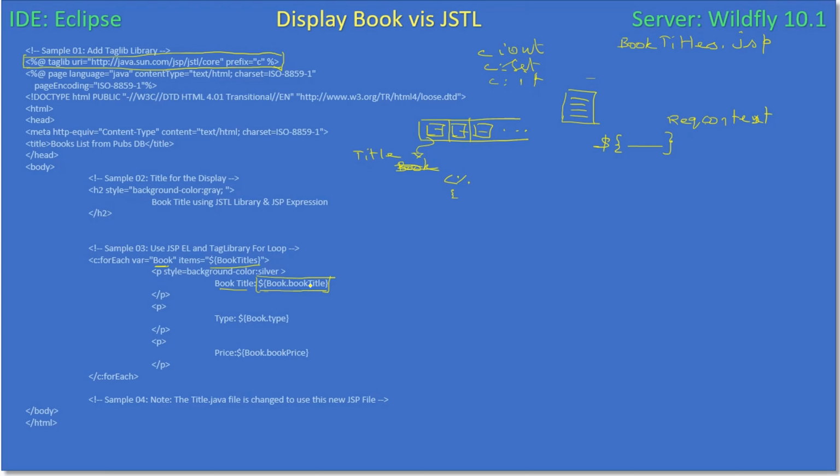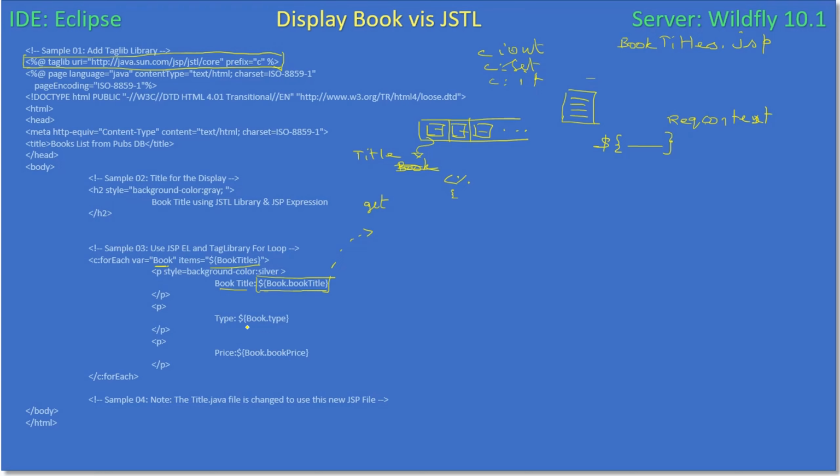Then from the title bean we are accessing the property book title. Now this JSTL is smart enough to call the get version of our title bean. So in the title bean it will call the get version of the title.